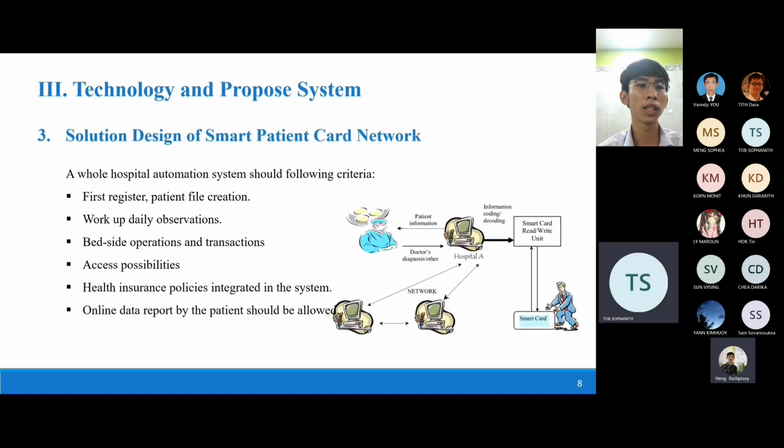And move to the third, solution design of the smart patient card network. In the proposed system, a single computer represents a computer network in a hospital. There is a smart card read-write unit connected to the computer to record or delete information from the smart card, and the writing, downloading, recording, and deleting of information is provided by a security mechanism.